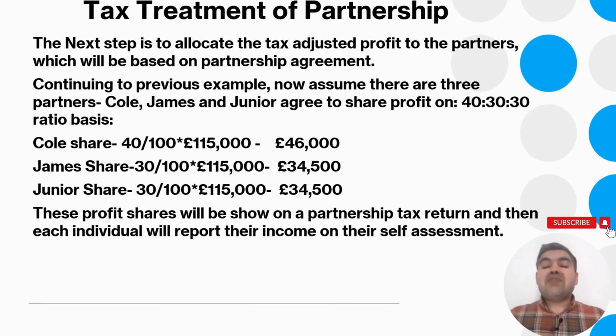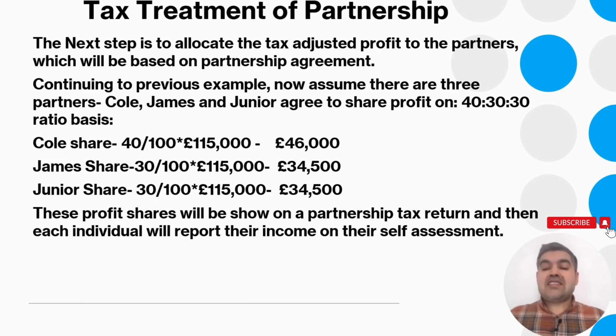So now, after we file the partnership return, HMRC will see clearly that Cole, James, and Junior received those incomes. If Cole and James have property income, other income, or employment income, they would also put this on their self-assessment. That's the purpose of the self-assessment. So these profit shares will be shown on the partnership tax return, and then each individual will report their income on their self-assessment.